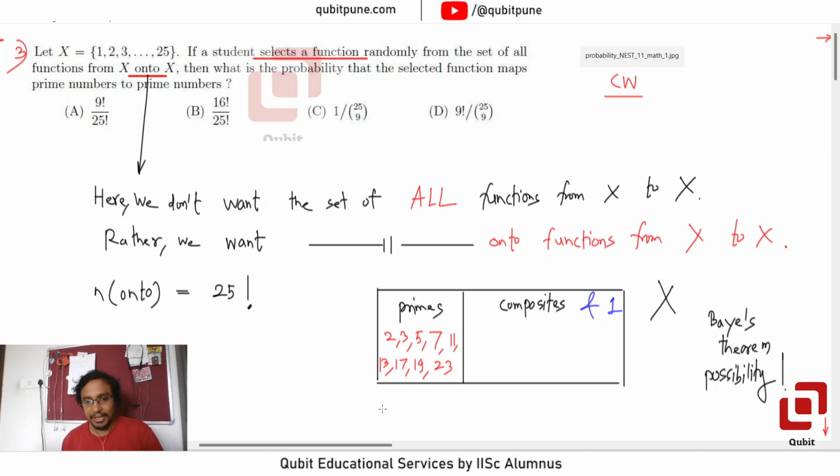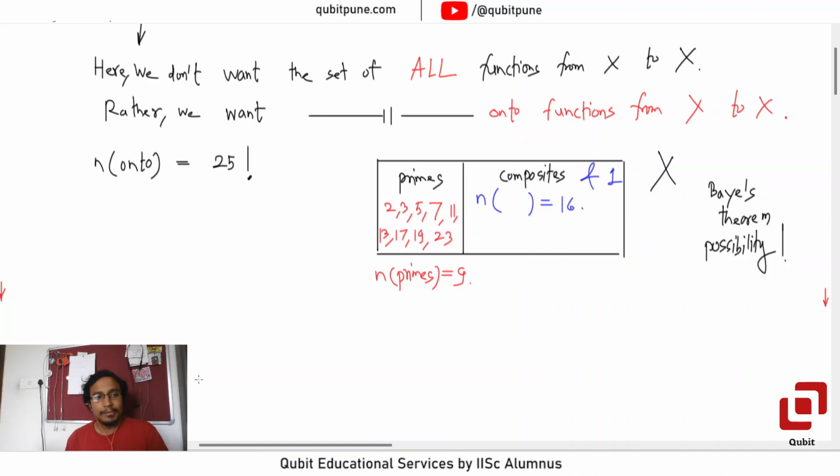Okay, so there are 9 primes here. तो इसका साइज कितना हो गया? 16.